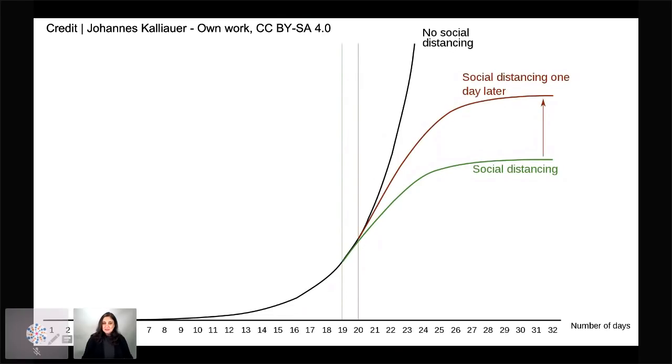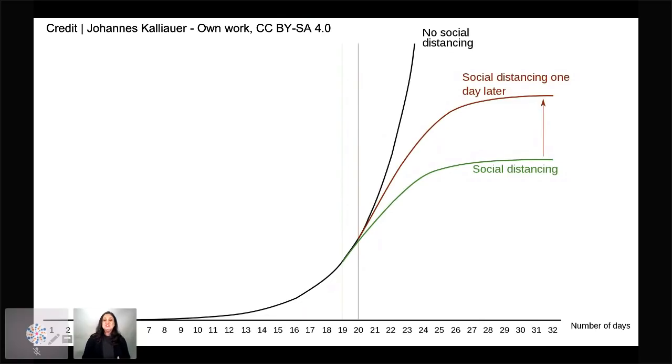Now, take a look at these two lines here, the green line and this sort of burgundy line. The green line, which is centered at day 19, is where we've noticed that the curve is beginning to grow a lot and beginning to get exponential. And then we instill social distancing practices. And you can see on the green line that actually causes that exponential curve to begin to asymptote.